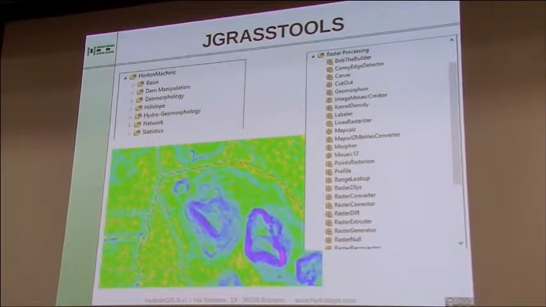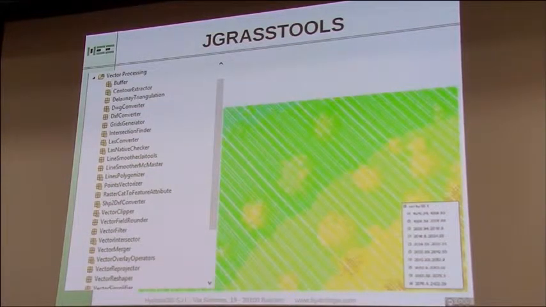And then other tools for raster processing, more utilities for edge detection, mosaics, and profiles, and all stuff like that based on rasters. Same for vector processing: tools for buffering, merging, and converting different kinds of vector data.